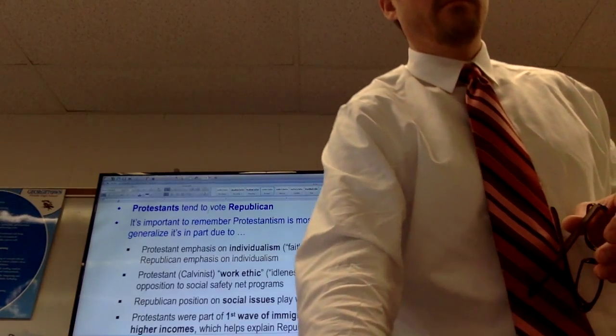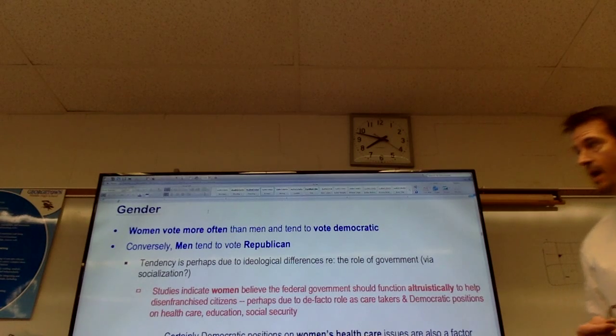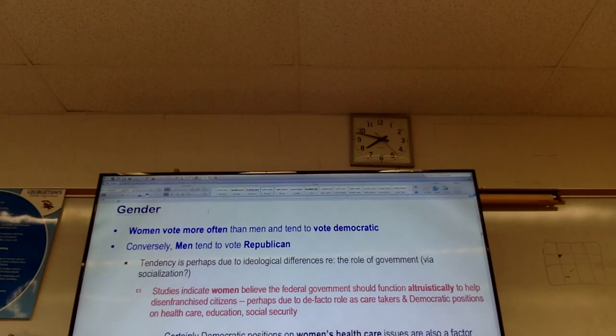All right? Gender. Women tend to vote more Democratic. Men tend to vote more Republican.